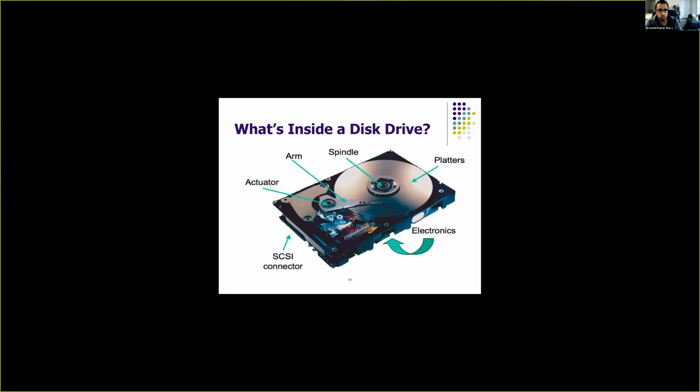However, when you look at a disk drive like a hard disk, it's just a piece of hardware. The picture on the slide shows a magnetic disk, the regular disk. As you can see, it has various electronic components, platters, spindles, and various other electronic devices. So how does data get stored on this equipment?